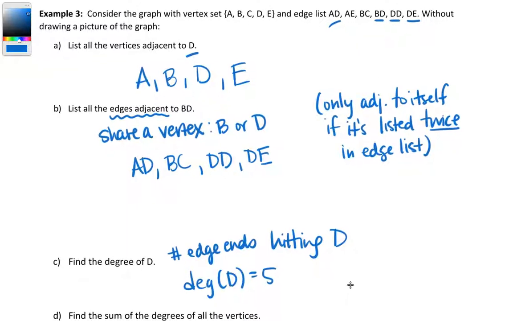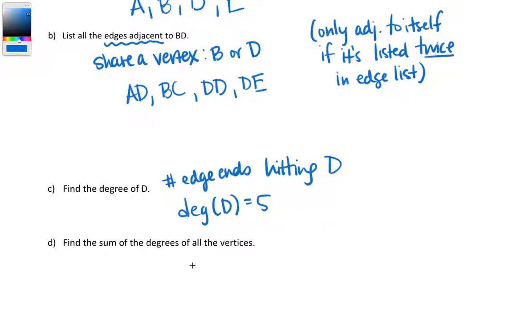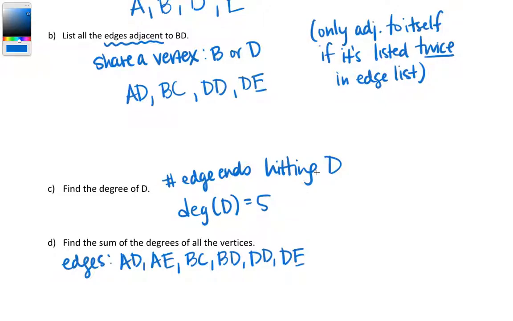Okay, and now, last one, we want to find the sum of the degrees of all of the vertices. Okay, and let's just remind ourselves, here's our edge list, AD, AE, BC, BD, DD, and DE.